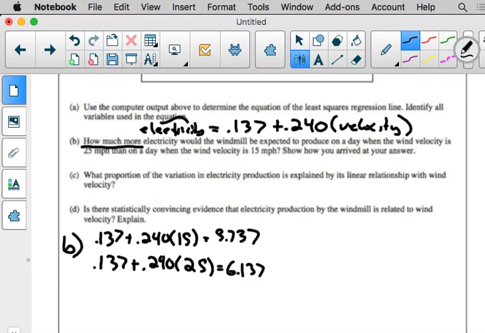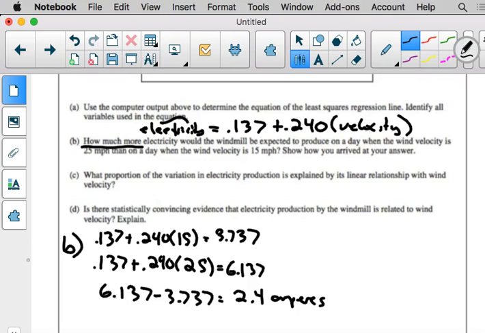Again, what I'm looking for is the difference between those. That gives me 2.4. And then the unit, I believe they said, is amperes. So again, that one is just recognizing how much more. All we're doing is finding each one and then finding the difference between the electricity production.